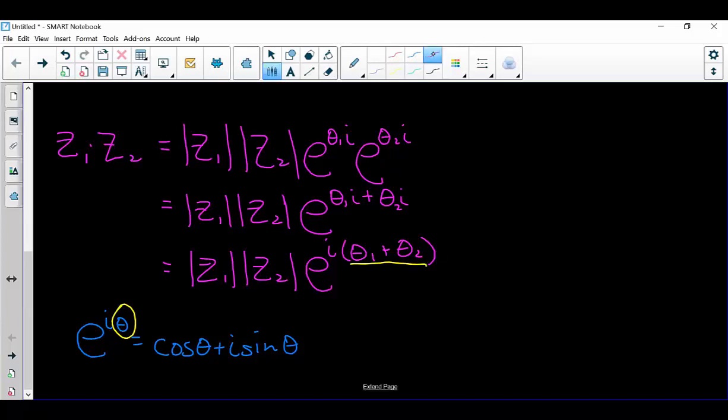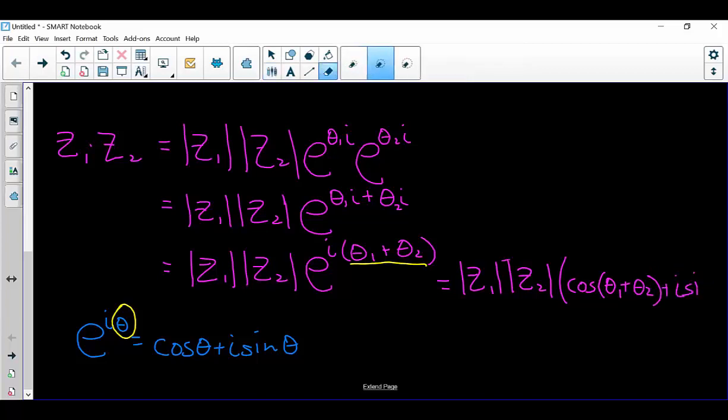So look, here's what we have now. We have the magnitude, or the norm, of Z1, Z2, times cosine of theta 1 plus theta 2 plus i sine. I didn't give myself enough room, so I'm going to erase this and rewrite it down here.